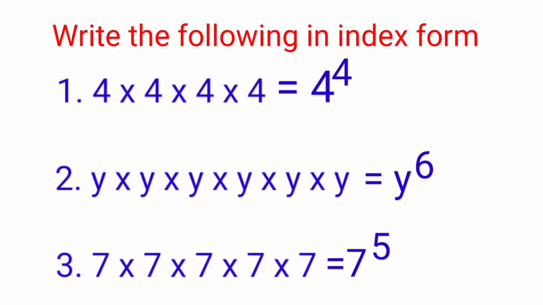Let's see if you'll get the next set of problems. I know that you are all bright students, nailing all of this. So here are some more questions. Write the following in expanded form.